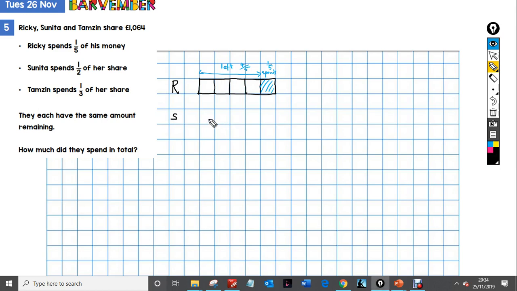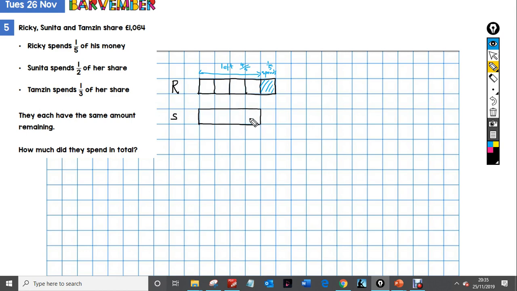Now let's move on to Sunita. So let's draw a bar for Sunita. Sunita spends a half of her share. So whatever amount of money she had, she spent a half of it, but remember that she ended up with the same amount of money as Ricky ended up with, and we know how much Ricky has left. So I can draw a bar for Sunita. This is what Sunita has left, and if she spent half of her money, then she must have the same size bar again for what was spent.